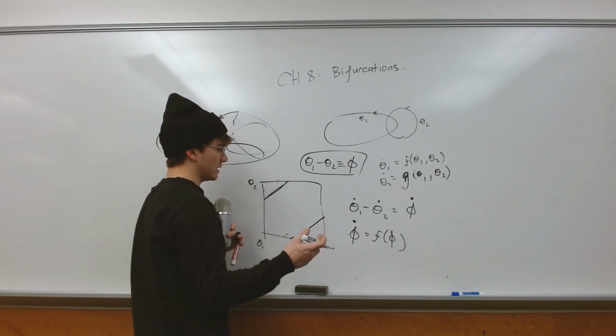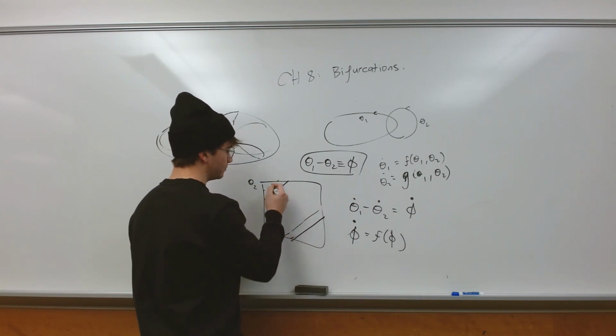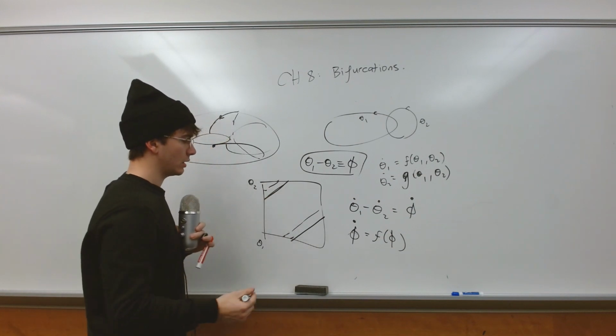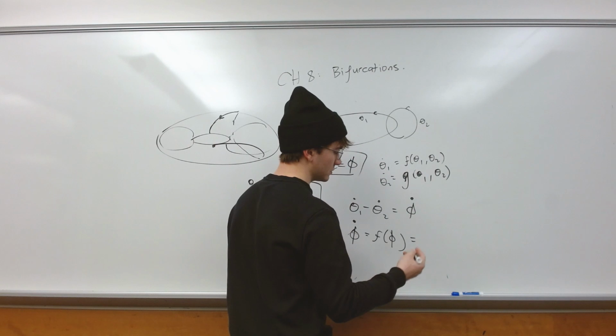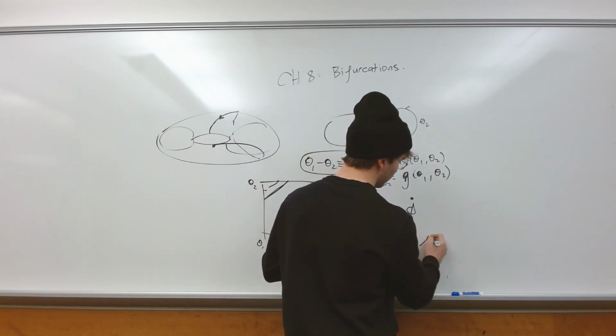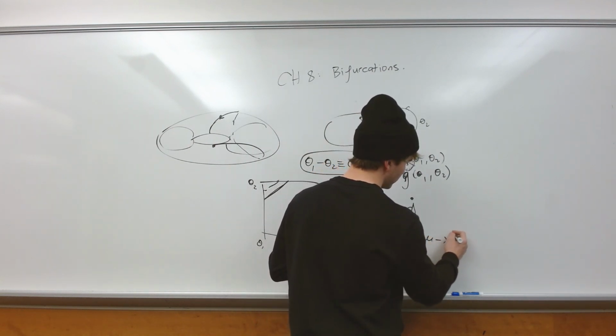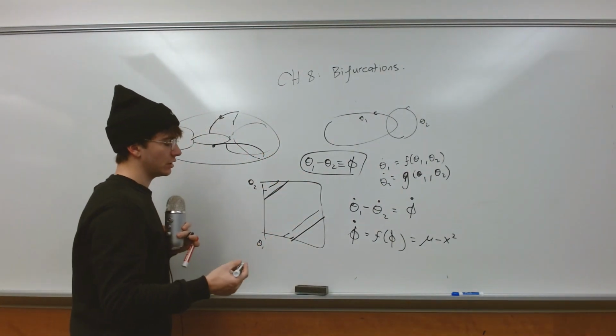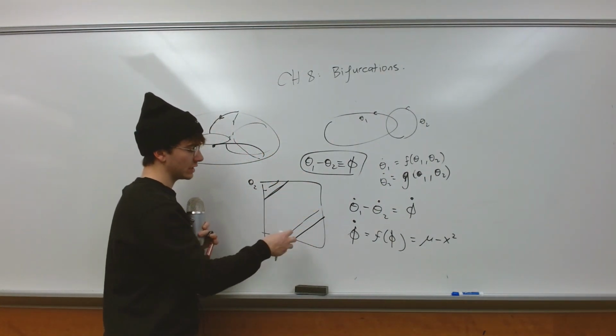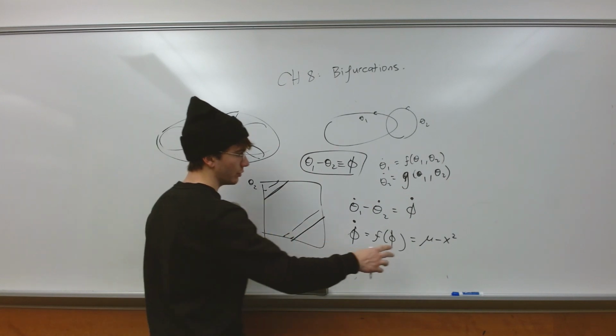But the idea is that in this phase locked system, say this is locally like mu minus x squared.